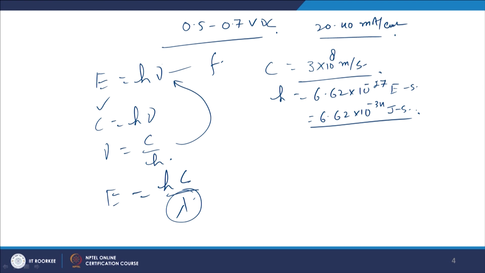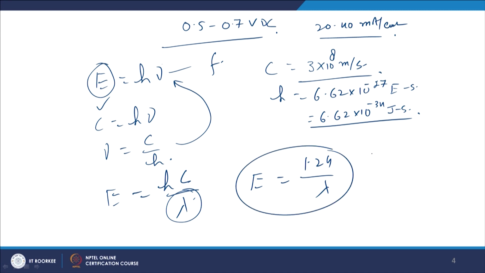If we take the output in electron volts, it will be E equal to 1.24 divided by lambda. 1 electron volt is 1.6 into 10 to power minus 19 joule, the potential of the charge of 1 electron. This is the simplified form: when we know the value of lambda, we can find the value of E.